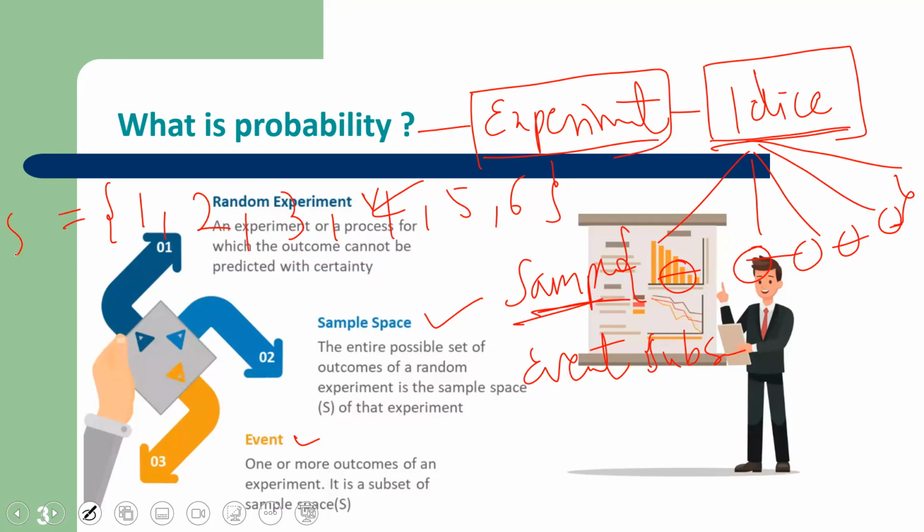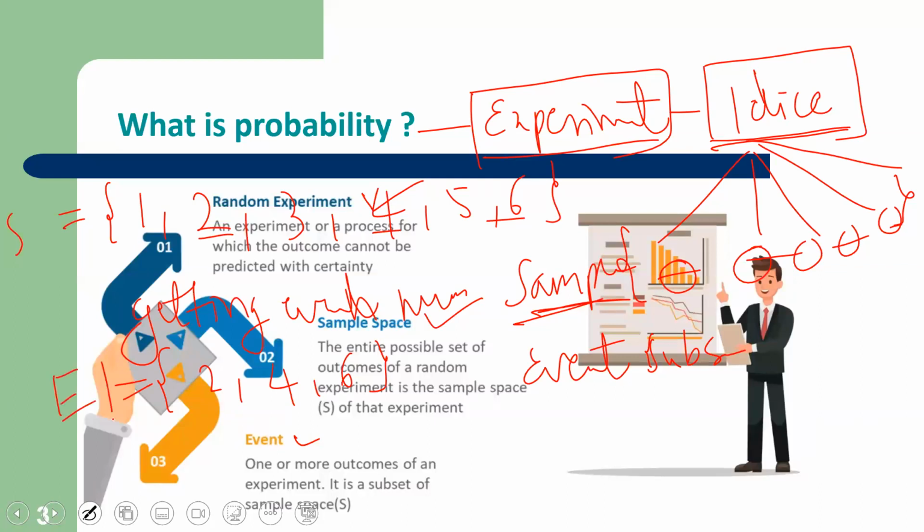Now how can I define an event on the sample space? For example, think of getting even numbers like 2, 4, and 6. Now this will become my event.